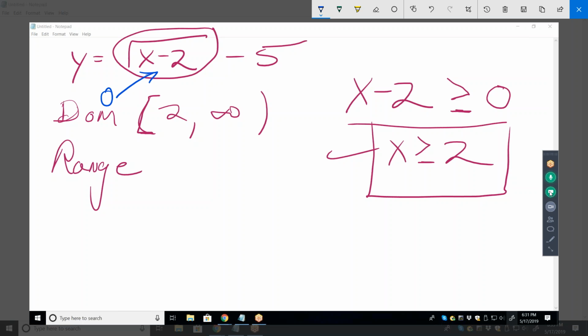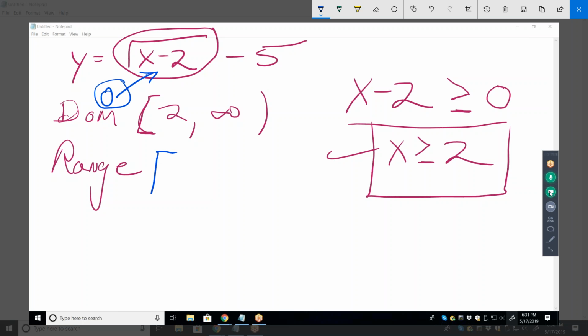If x is 2, it's 0, right? Will that ever be negative, what I just circled? No, it never. The square root of a number is always positive. There's no such thing as a negative answer for the square root of any number. Okay? So the lowest value that can be is 0.